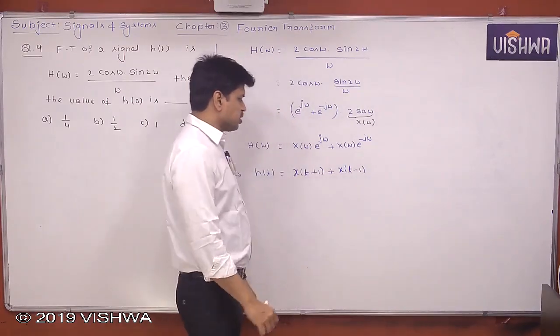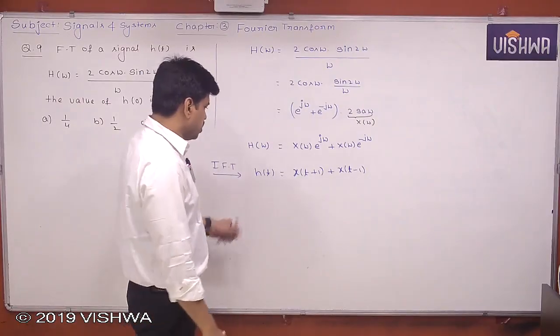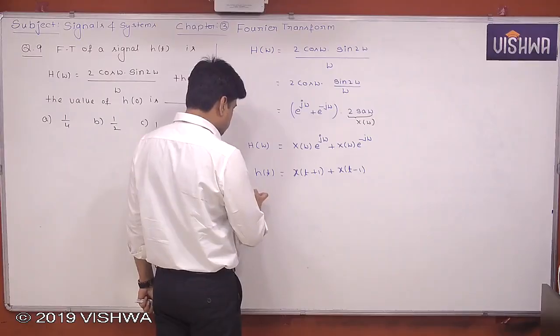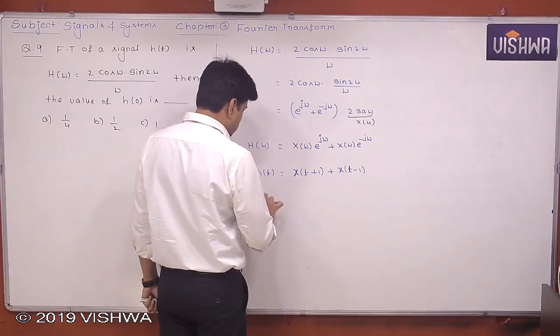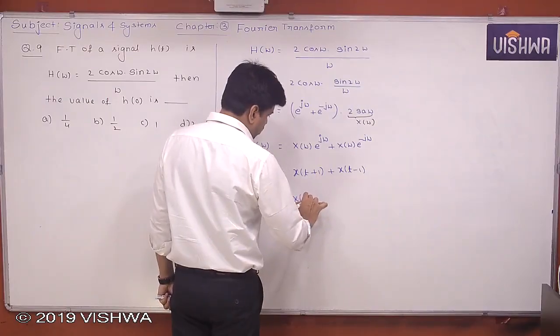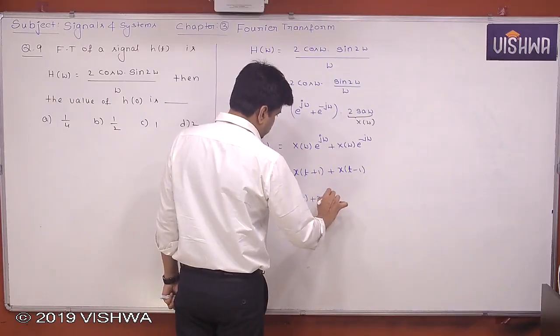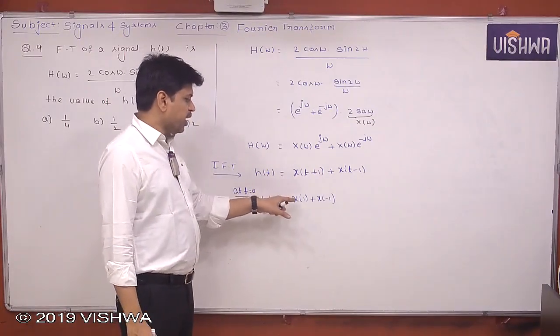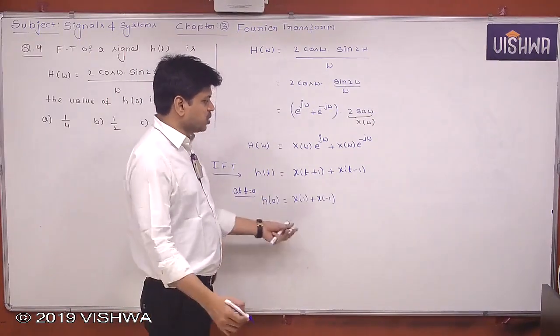They want to calculate at t is equal to 0. At t is equal to 0, h of 0 is equal to x of 1 plus x of minus 1. So if I know the x of 1 value and x of minus 1 value, that's more than enough.